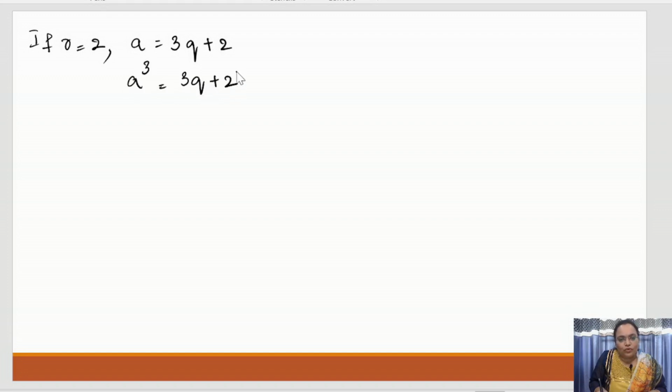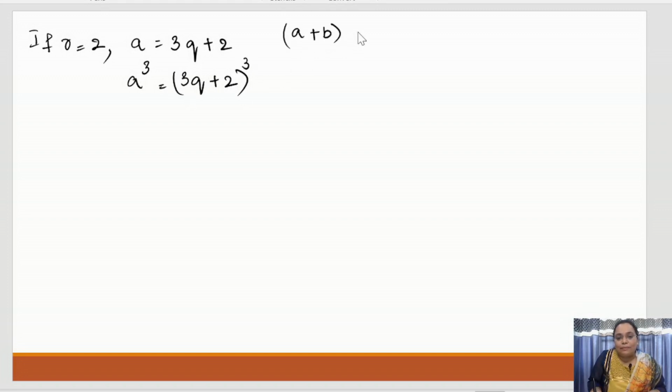Okay. So if r is equal to 2, you will get a is equal to 3q plus 2. Yes. Now again let us take cubing on both sides. 3q plus 2 whole cube.